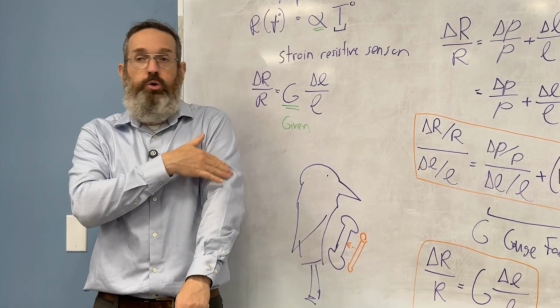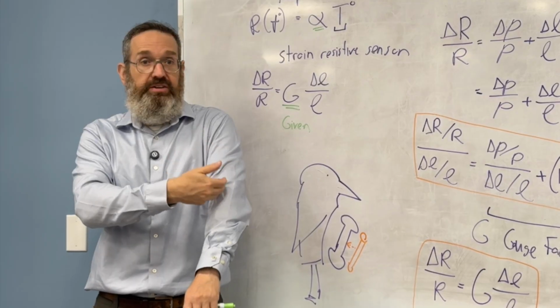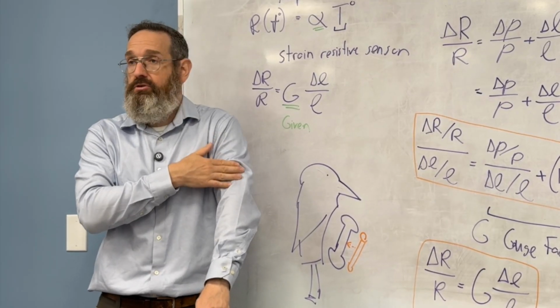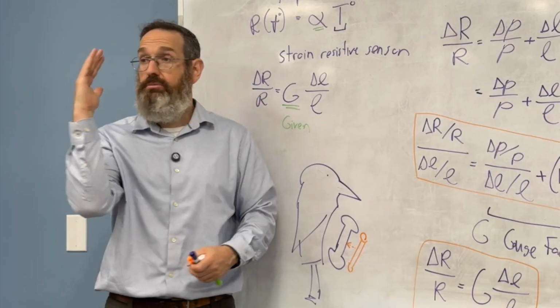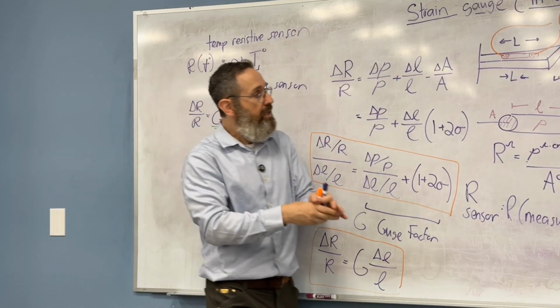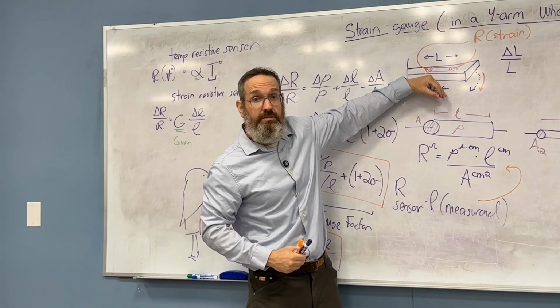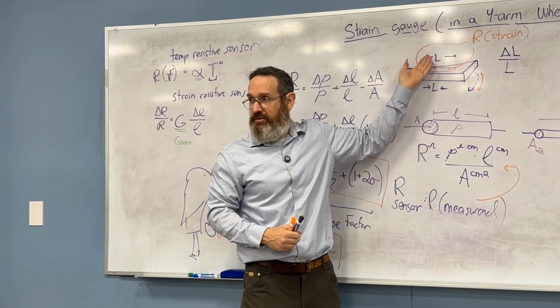You can't have it floating on the surface of the chicken or even insert it into the chicken and have it floating around. You need it attached to the bone so that when the bone bends, the strain gauge bends with it, right?